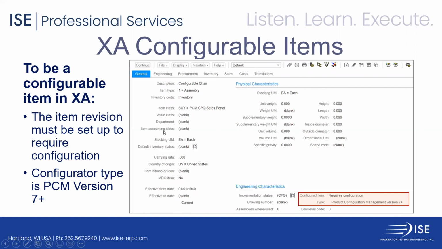It's real simple to set up an item as configurable in XA, and you can see on the bottom highlighted within the item revision, you just have to say it's a configurable item. It requires configuration, and then it takes the product configuration management version 7+. PCM is the former branding of CPQ. It used to be called PCM, or product configuration management.